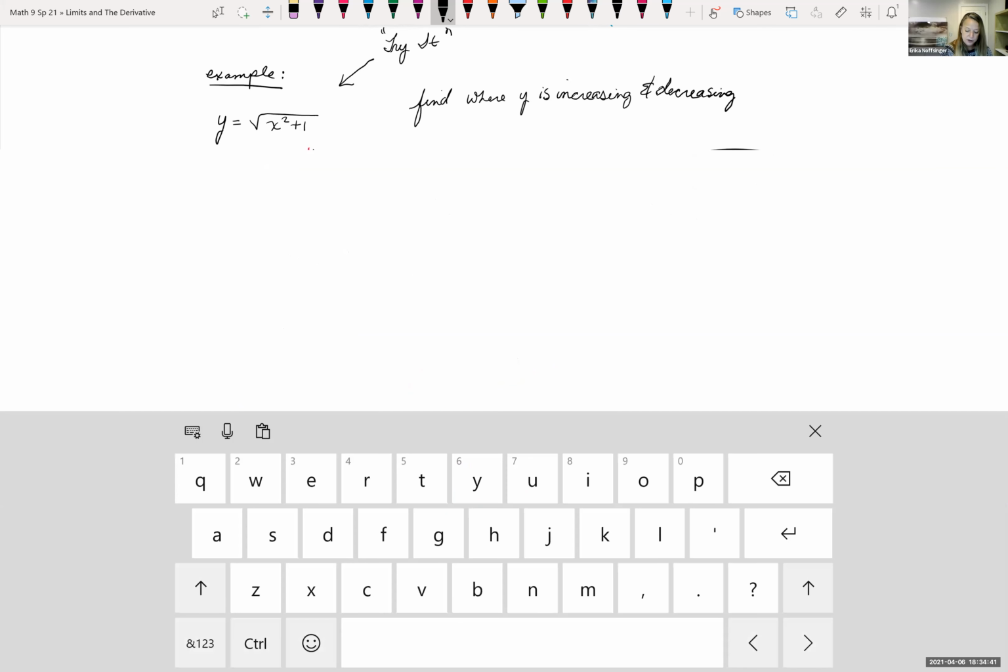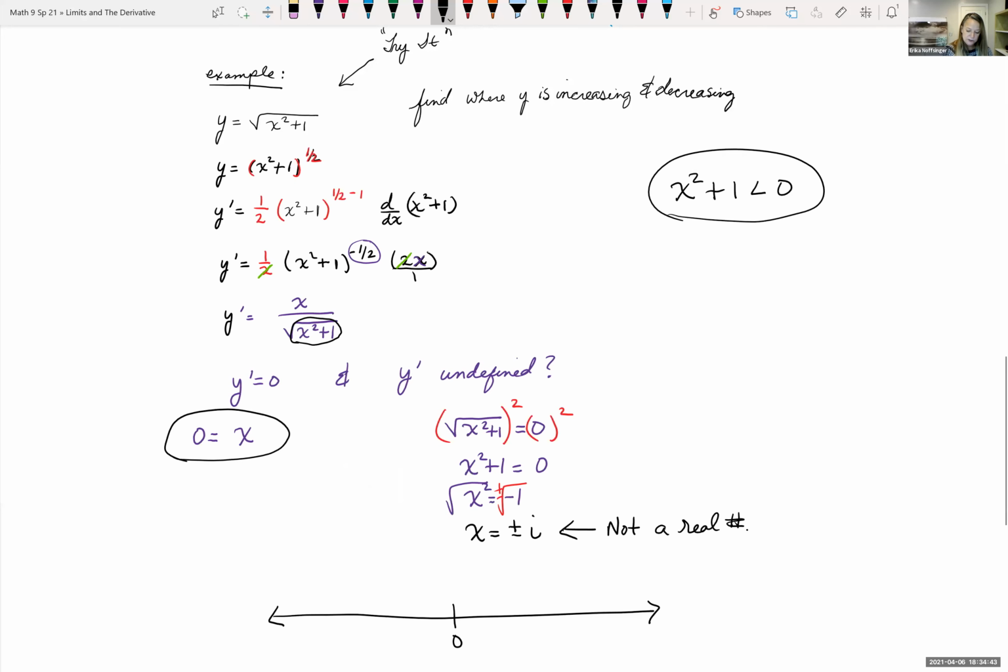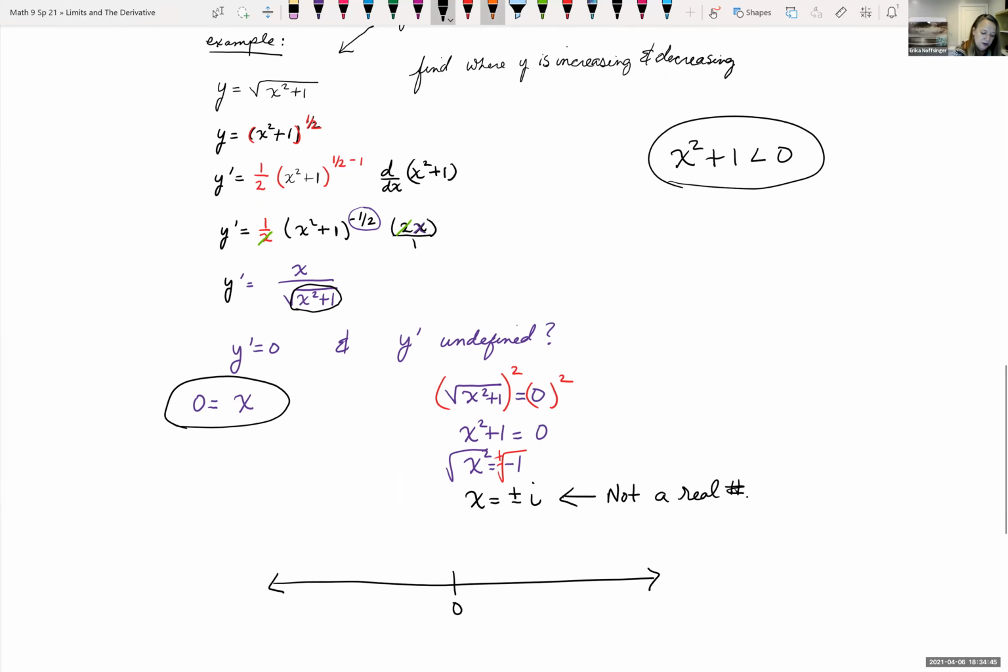So choose a number to the left of x equals 0. How about x equals -1? We're plugging it back into the derivative to see if it's positive or negative. So our derivative was this. If I plug a -1 into the numerator, I get a negative, all divided by, well, we saw that the denominator was always going to be a positive number.